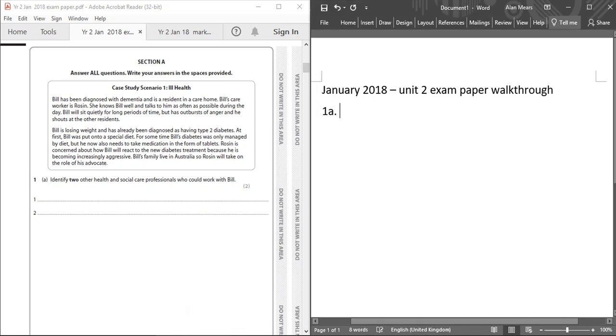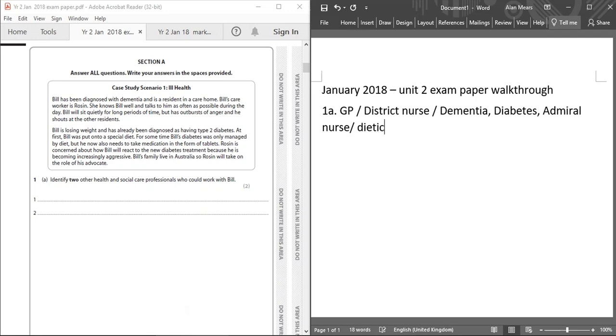So we'll go with our standard professionals who we could include here. GP is always a good one. We could have a district nurse who would come out to visit. We might have a dementia nurse or diabetes nurse, or an Admiral nurse, someone who works with dementia. Nurse, because one of the things we want to emphasize is that exam papers do like you to be specific on the type of nurse. We might have a dietitian. It could be a physio.